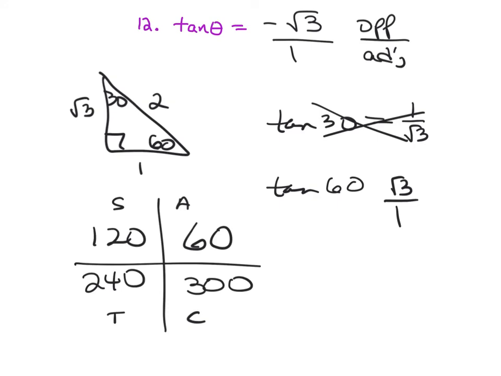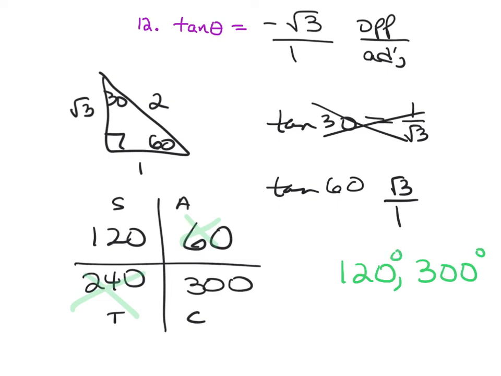If you just want to memorize the numbers and not have to add and subtract from 180 and 360, you can do that. Now, my answer was negative. I need to figure out which quadrants tangent is negative. Obviously, quadrant 1 is out because everything's positive there, and tangent's positive down here. So my two answers are 120 and 300.